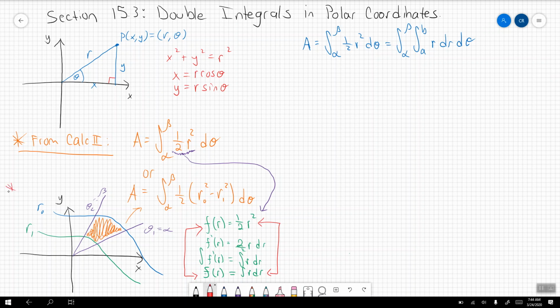Going back over here to the picture, drawing a little asterisk, R1 is going to be A, R0 is going to be B. And therefore we're going to be able to get what we need here in order for us to extract what this particular integral is going to evaluate to.